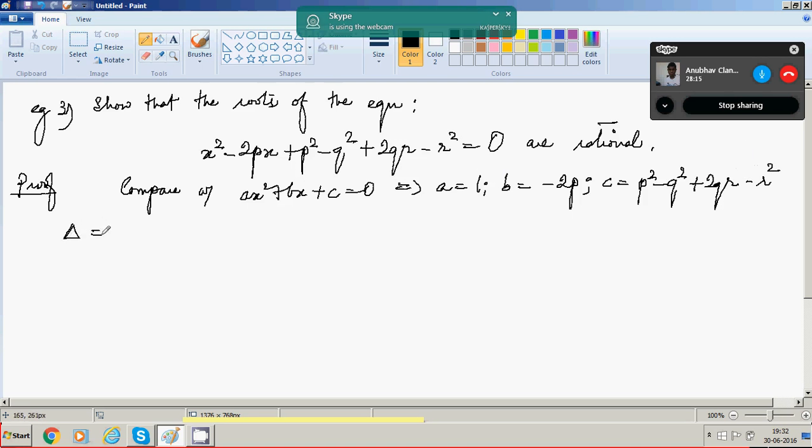So if the roots are rational, then what does it mean about the discriminant? It has to be a perfect square, right? Yes, sir. So now we evaluate the discriminant, which seems a little bit complicated.